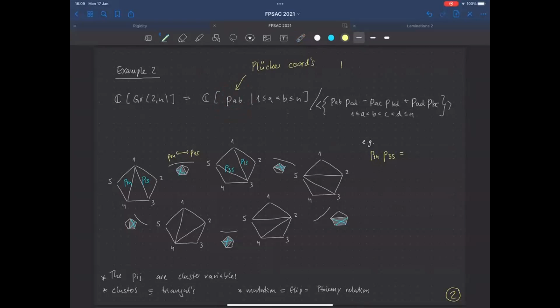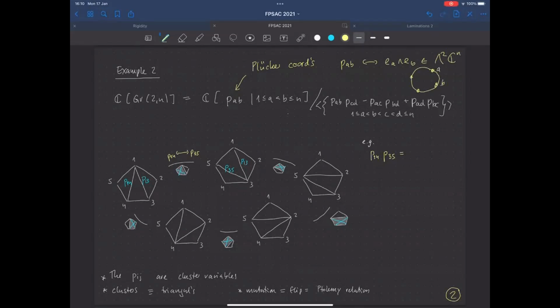And if you want, you can think of P_AB as e_A wedge e_B in the second exterior power. And these Plücker coordinates have relations that they satisfy, the Plücker relations. So these are the short Plücker relations. They depend on the indices A, B, C, and D being cyclically ordered.